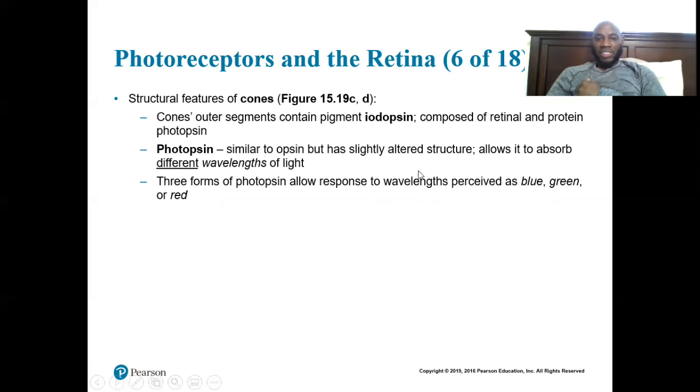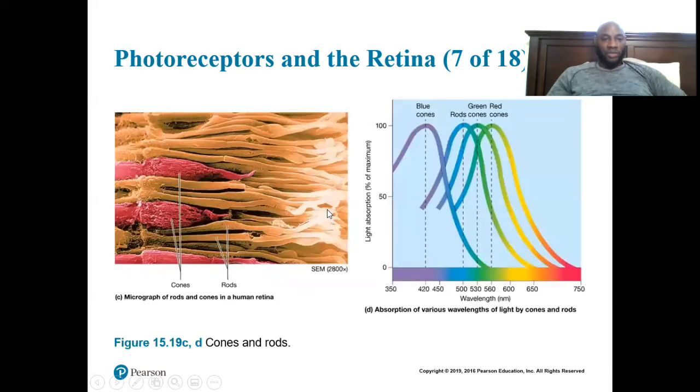Similar to opsin, but has slightly altered structure, allows it to absorb different wavelengths of light. Three forms of it allow response to wavelengths perceived as blue, green, and red colors. This is a neat diagram of that. Showing you a picture, a micrograph.